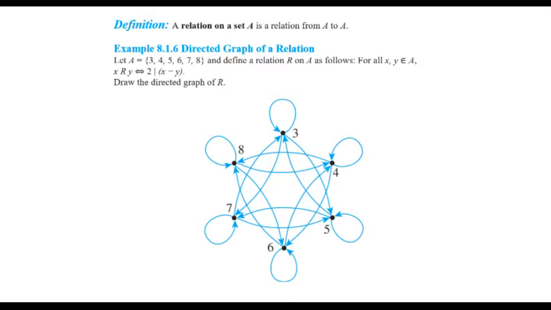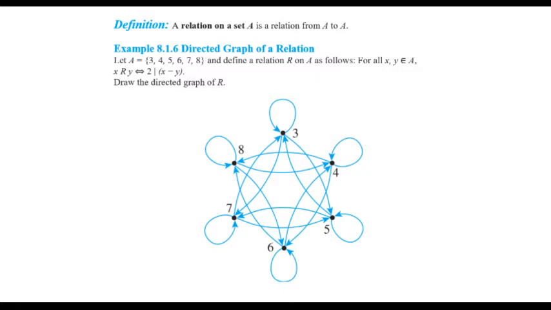Okay, so here we give another definition. We say a relation on set A is a relation from A to A. So if the domain and codomain of a relation are the same, instead of saying that the relation is from domain to codomain, we basically say the relation is on that set.